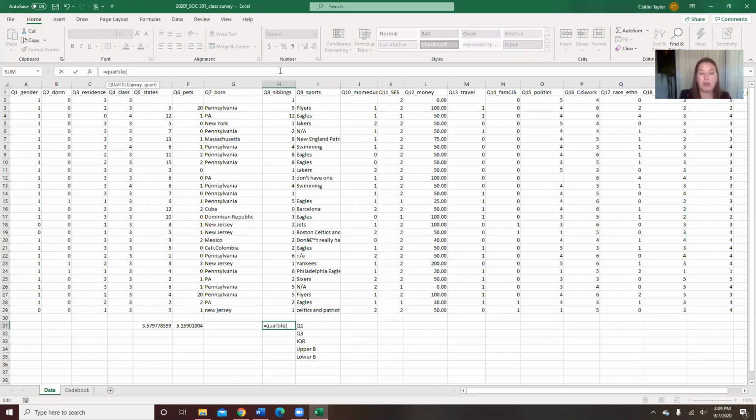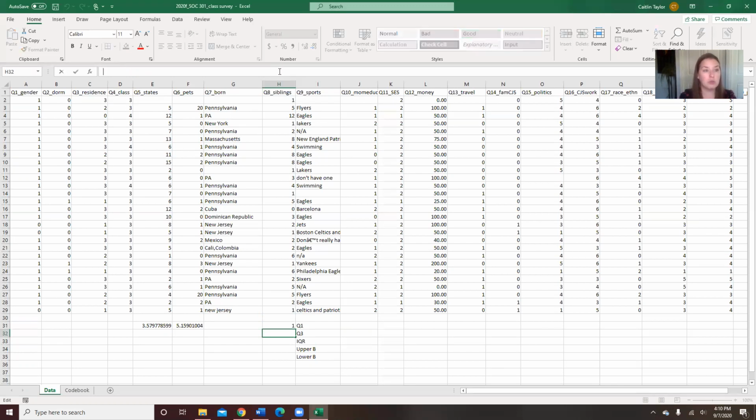I expect you to remember these automatically, but to calculate Q1, we type equals QUARTILE, give Excel the range of data we're looking at. So we're in column H here, we're doing H2 to H29, and then tell it what quartile we want. We want the first quartile. So we do the range of data, comma, 1, and then enter. That gives us our first quartile.